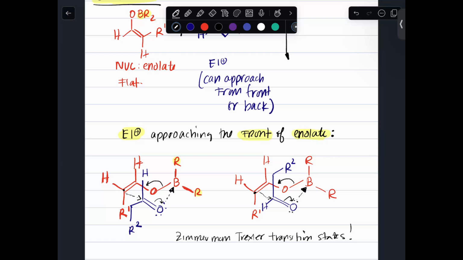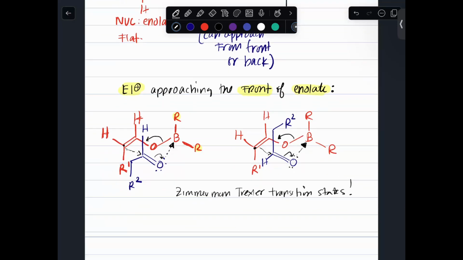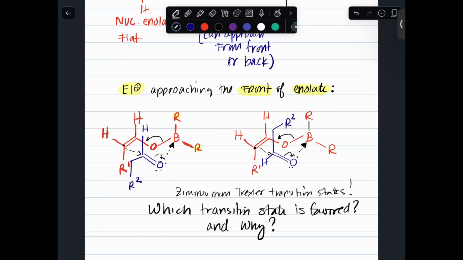Now here's the thing. One transition state is favored over the other. Which transition state is favored? And why? We'll call this transition state A and transition state B. Okay.